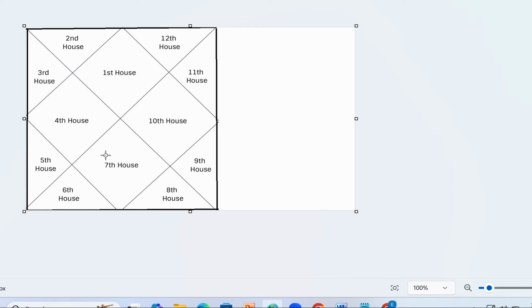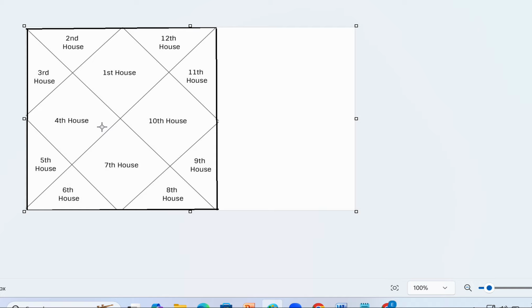And if I look at it from the finance perspective, second house is liquid cash, seventh house is business. So even from a career point of view, it is denoting finance and business. It is a fantastic combination. It is giving money as well as marital, family and sexual happiness.